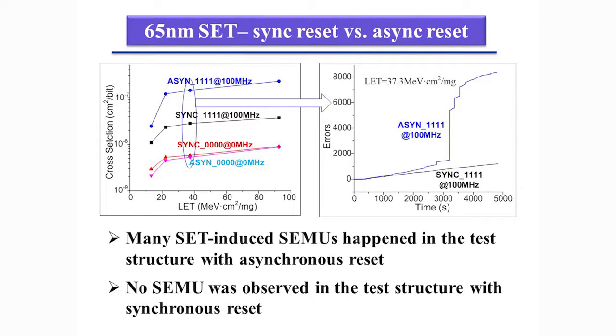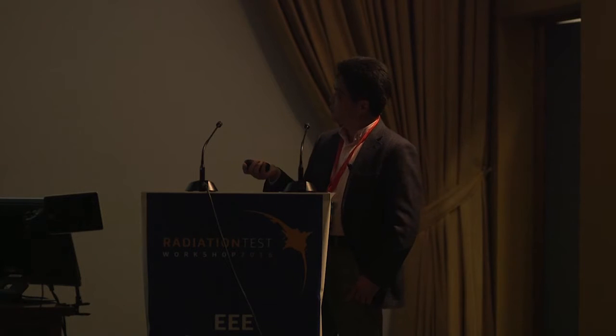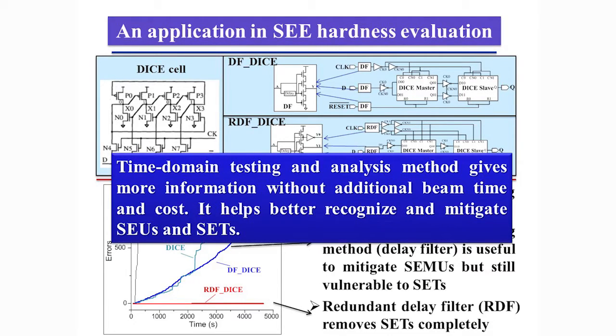Also, here are some more details for the SET at 65 nanometers. When we use the synchronous reset, we cannot see the SET. Using this, we can do some hardening.